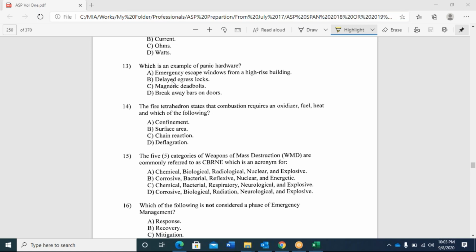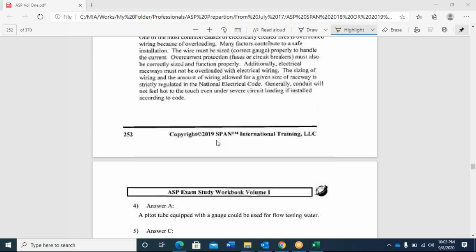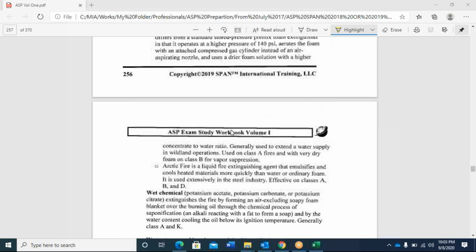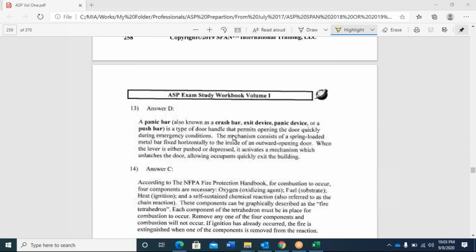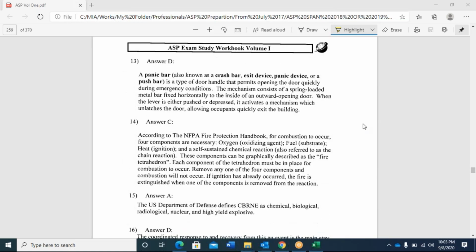Which of the following is panic hardware? Panic hardware is also known as a panic bar, crush bar, exit device, panic device, or push bar.